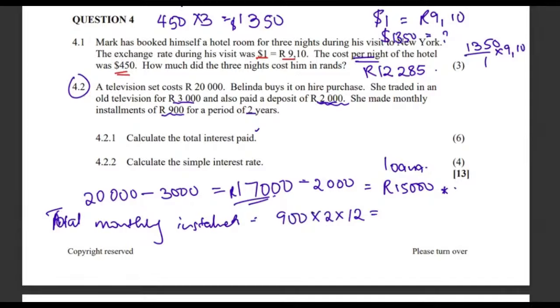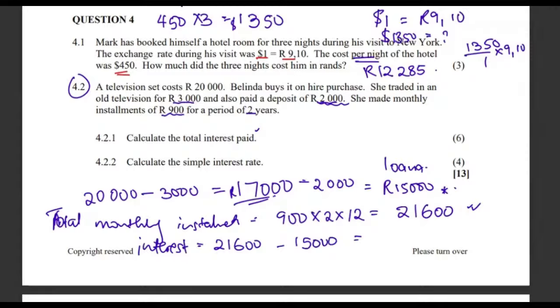So 900 times 2 times 12 gives me 21,600. Okay, so 21,600 is what she pays in total. So meaning that for us to get the interest, we shall get the 21,600 minus the 15,000.